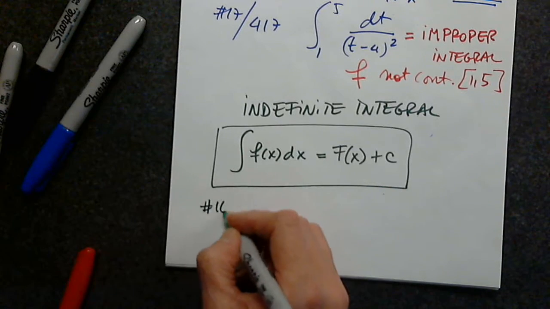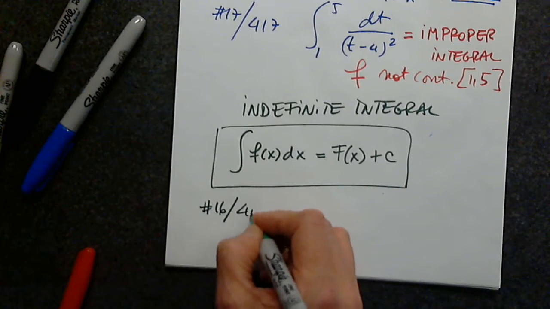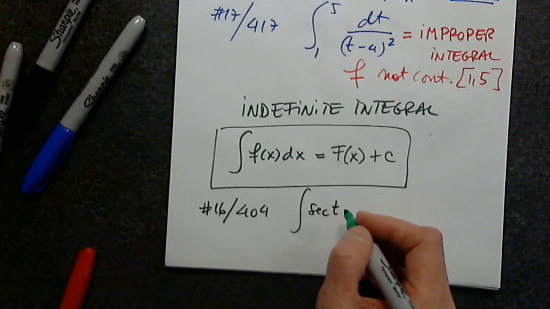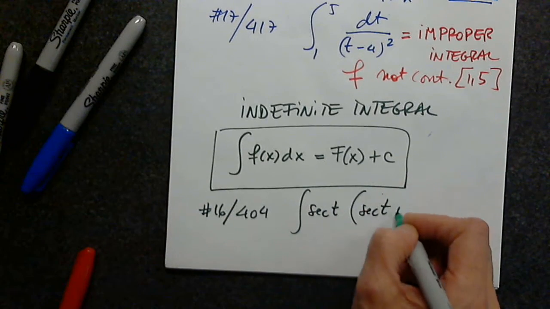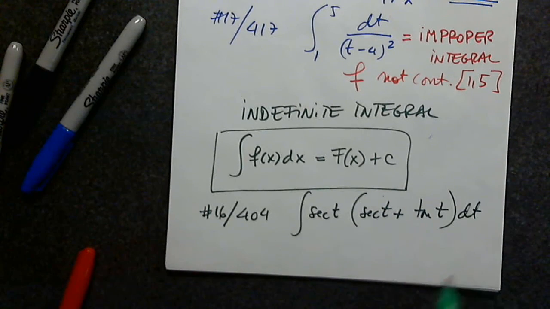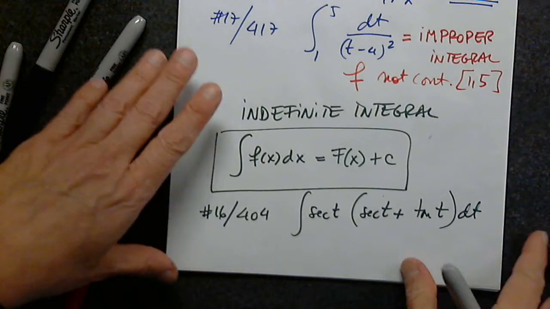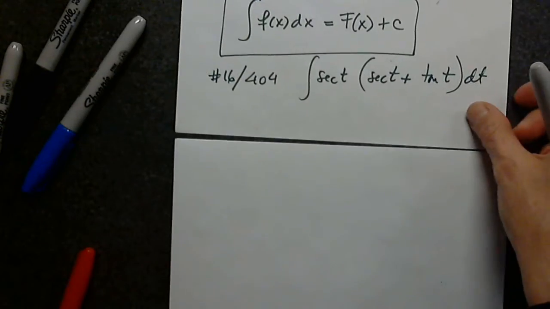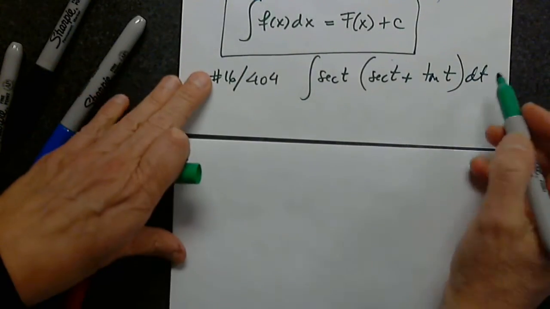16 on page 404. This is the integral of secant t multiplied by secant t plus tangent t dt. Is this a definite or an indefinite integral? Indefinite indeed. I don't really like this product, so I'm going to distribute.